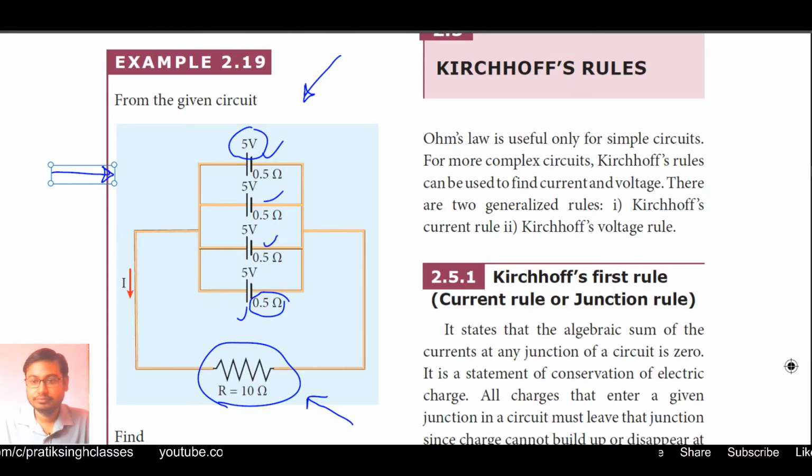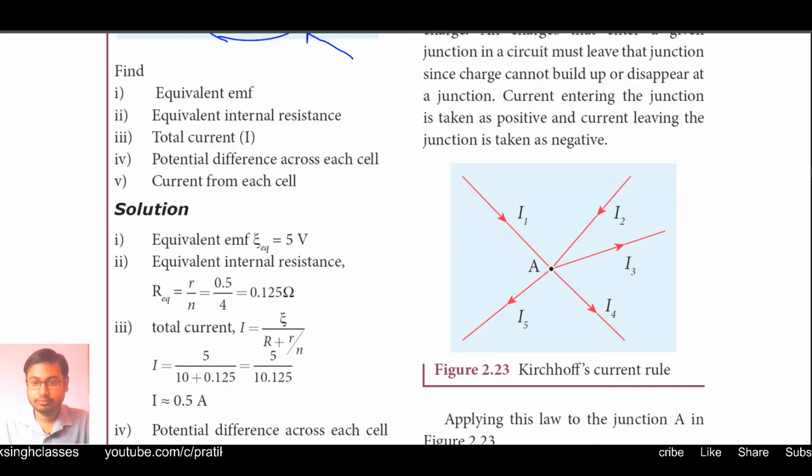Here we have to find the equivalent EMF, equivalent internal resistance, total current in the circuit, potential difference across each cell, and then current from each cell. First, equivalent EMF is equal to 5 volt, because in parallel connection the equivalent EMF is equal to the EMF of a single cell.